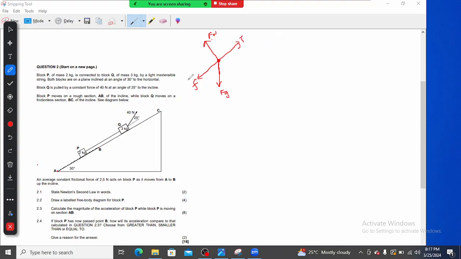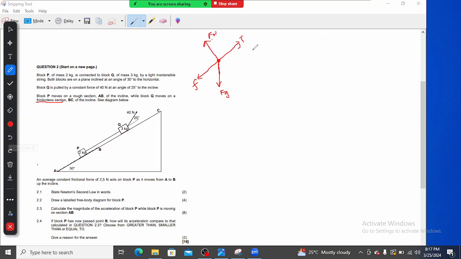All right, and then we have to draw also the free body diagram for block Q. For block Q, we know that we have the tension. They said block Q is moving on the frictionless section, so that means we don't have a frictional force on block Q. Block Q will have the applied force, which is acting.